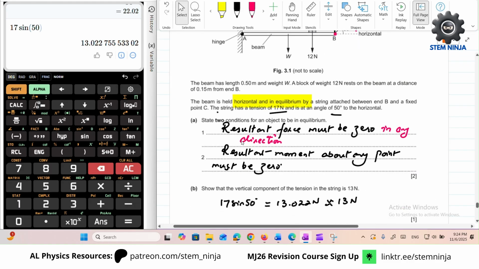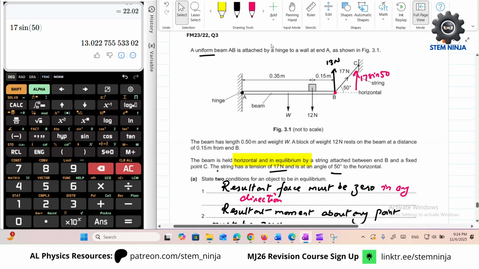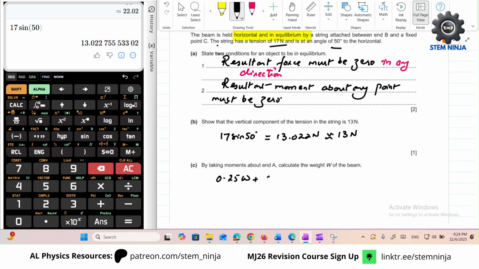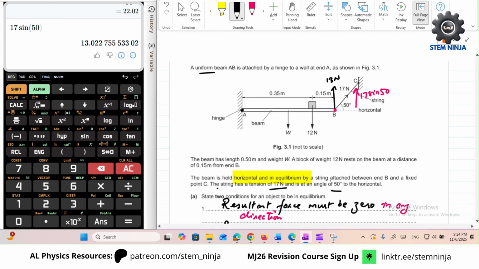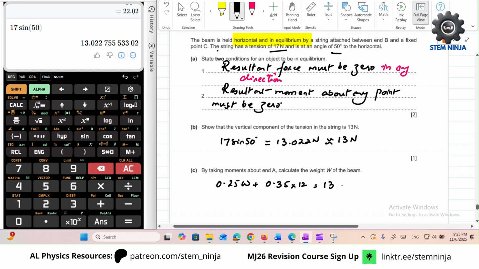So 0.25 W plus 0.35 times 12 equals 13 newtons at 0.5.